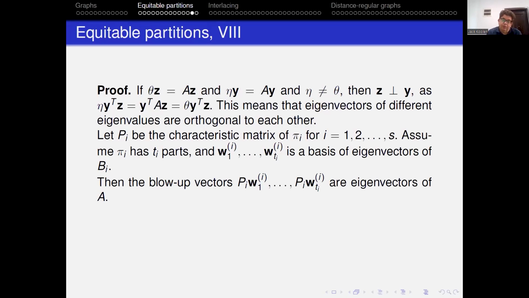Then we blow up the eigenvectors to get eigenvectors for the matrix A. You just multiply them by P_i, the characteristic matrix for pi_i, and they are eigenvectors of A and they are linearly independent.